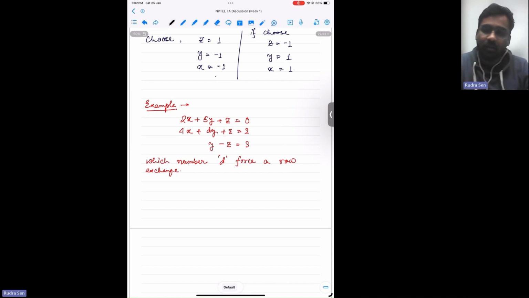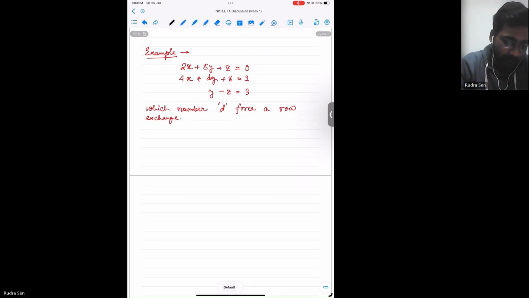So we need to find out the value of d, which basically forces us to do the row exchange. Similar to the previous one, but in the previous one it was basically the Ax equals 0 format, but here it is the Ax equals b format, because the b vector is not completely 0.